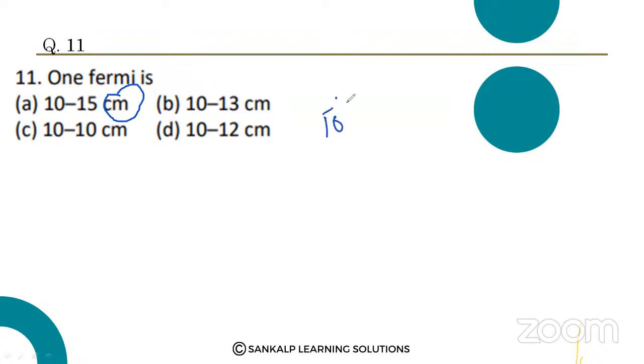They have asked in centimeters, and centimeters mean minus 2, so it will be 10 raised to minus 13. So this is the correct answer. Fermi is 10 raised to minus 13 centimeter.